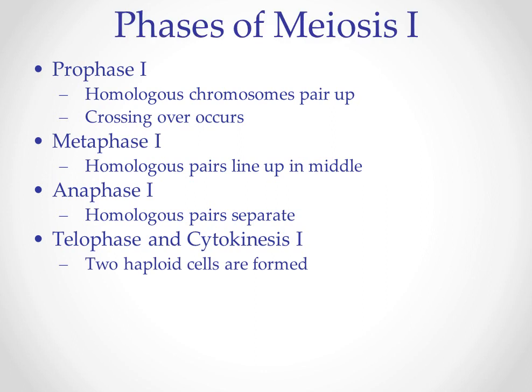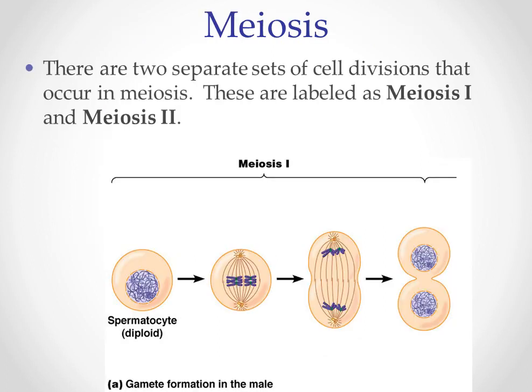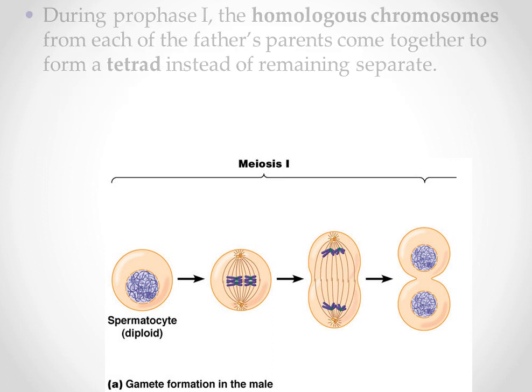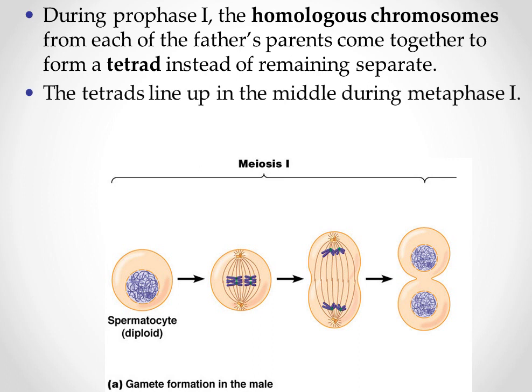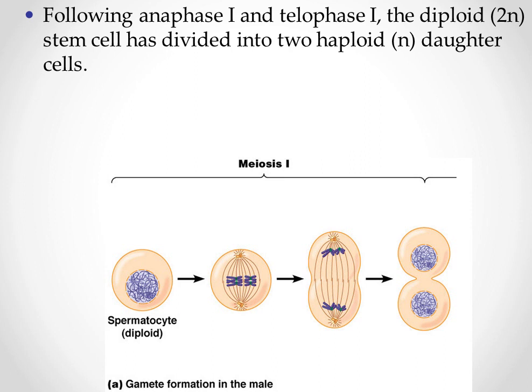Now, in prophase 1, we talked about the homologous chromosomes pairing up and switching legs, crossing over. Now, metaphase 1, what happens? They line up. Then anaphase, they're going to separate.